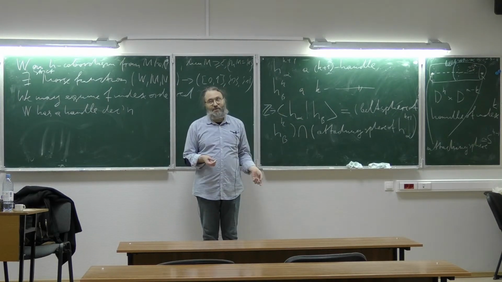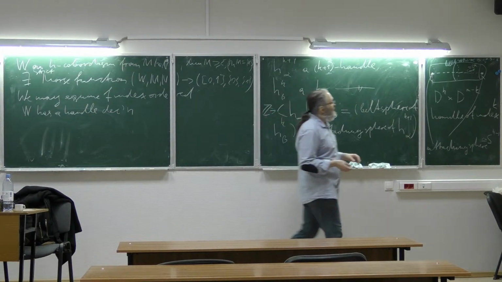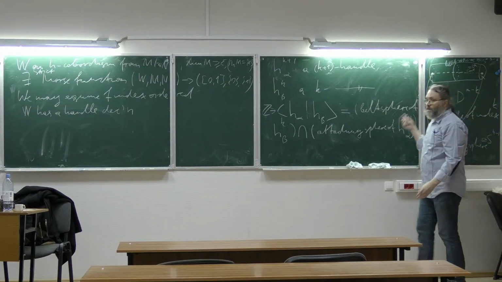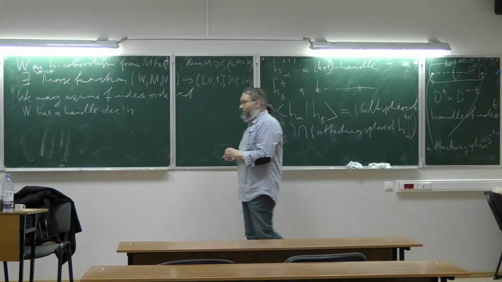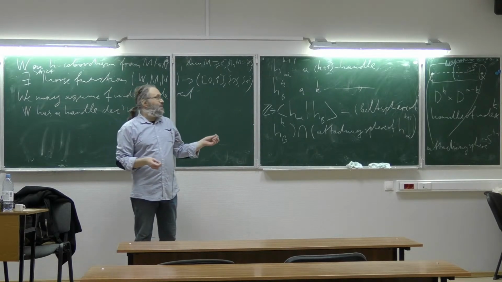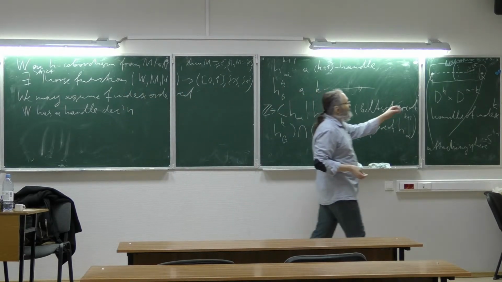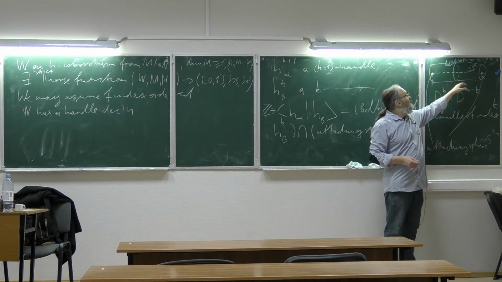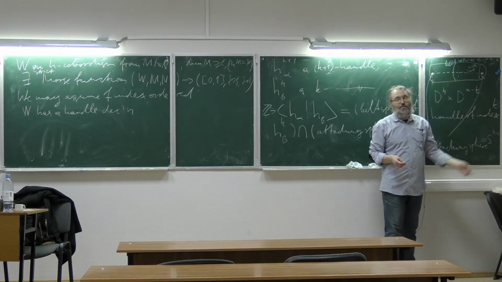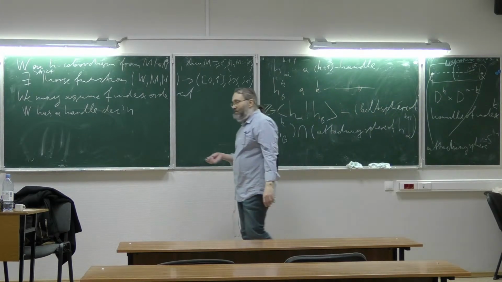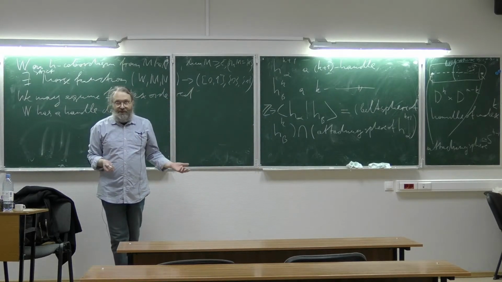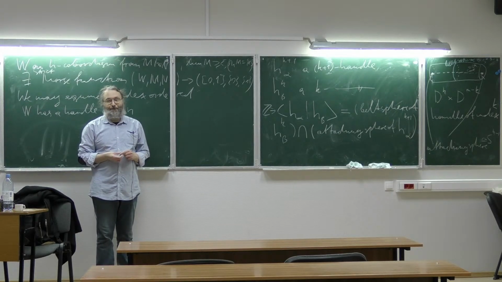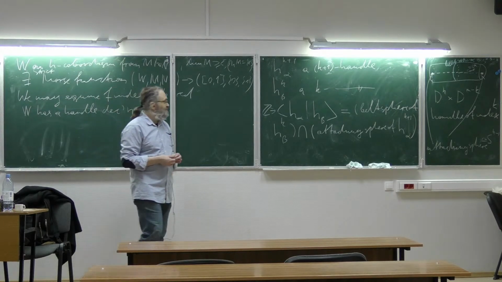Look at this picture. Here we use these two discs to attach the handle. Now, what happens if we remove the blue part? We basically get something which is diffeomorphic to what we had before attachment. We had the cylinder, so we just cut it and we had two pieces of a cylinder.